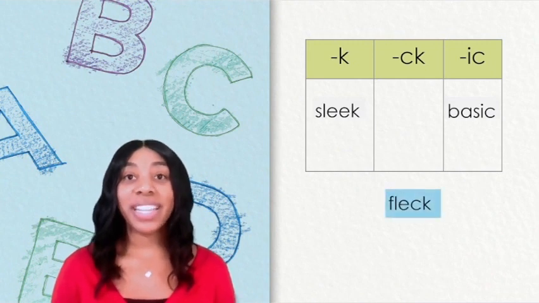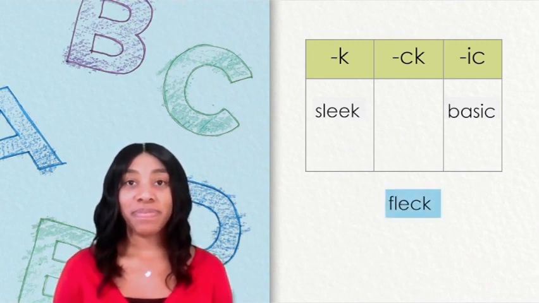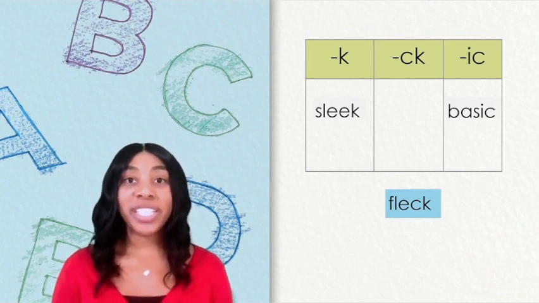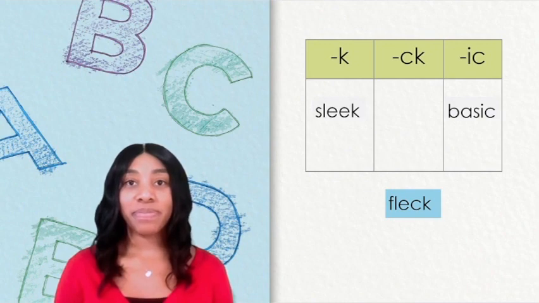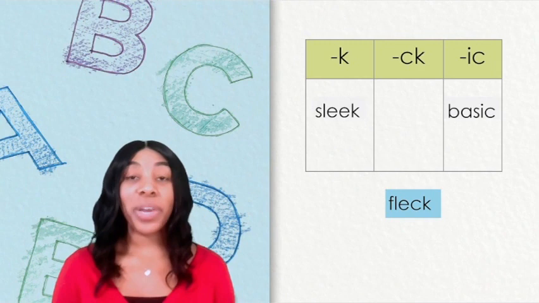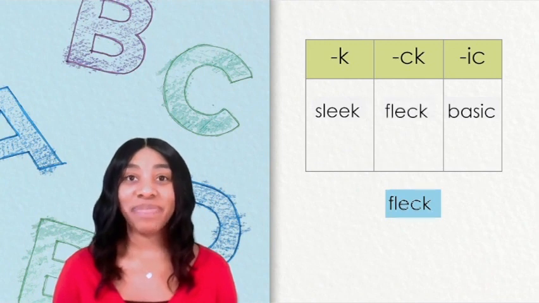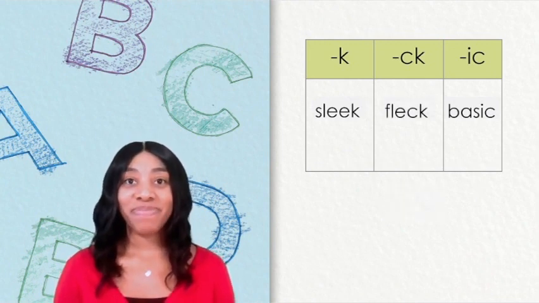How do you pronounce this word? Fleck. Which column does the word fleck belong in? We also have the k sound at the end of the word, and it is spelled with a CK. Let's try another.